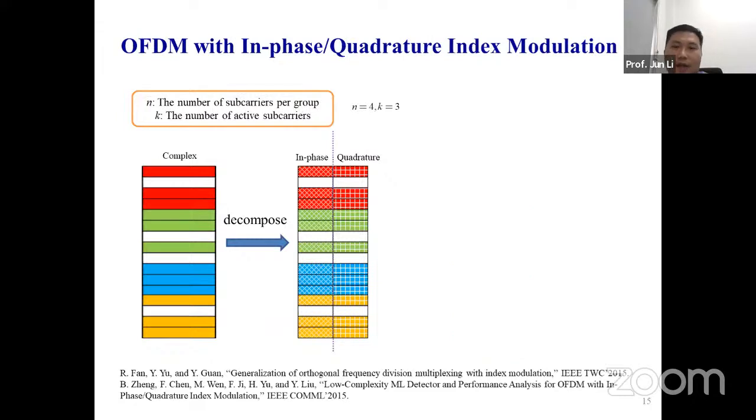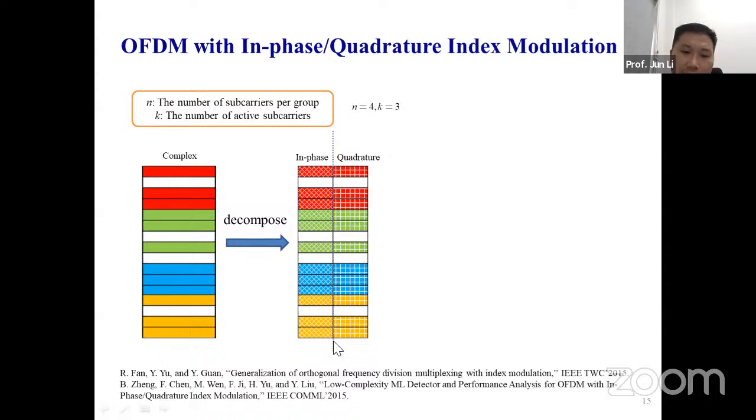Okay, this is another variant of OFDM-IM, which is OFDM with IQ-IM. The OFDM-IQ-IM is quite similar to the previous QSM scheme, right? The idea of the OFDM-IQ-IM is to split the transmitted symbol into the in-phase part, which we also call the real part, and the imaginary part.